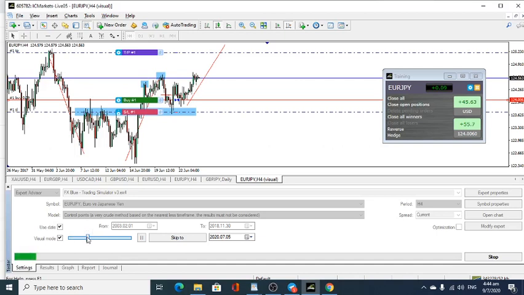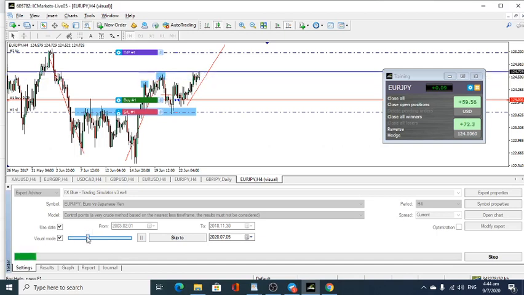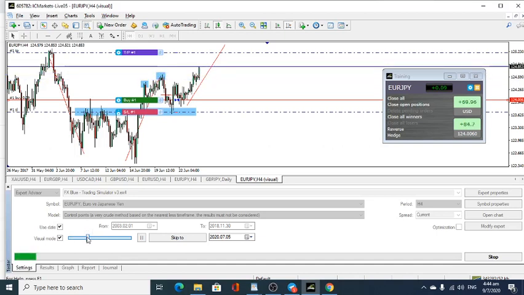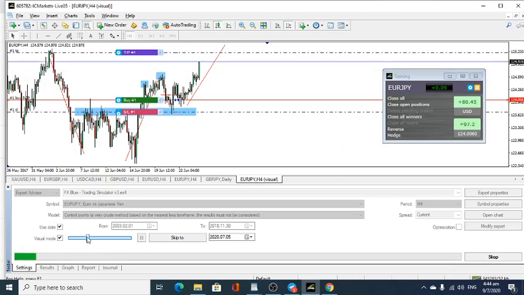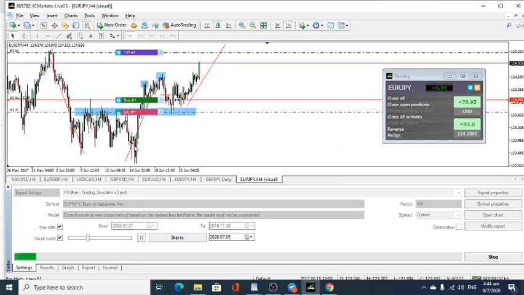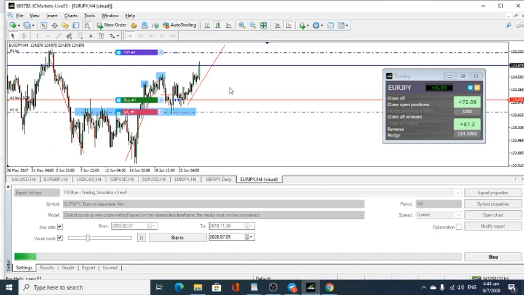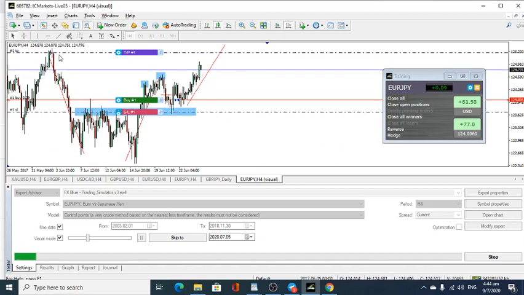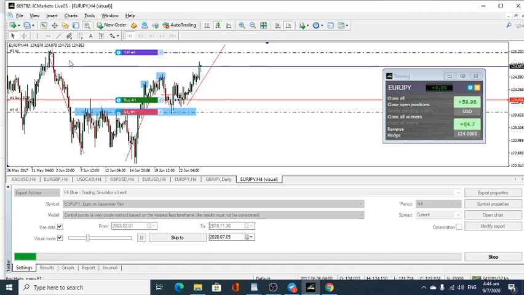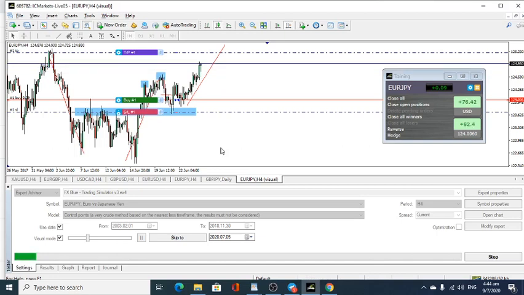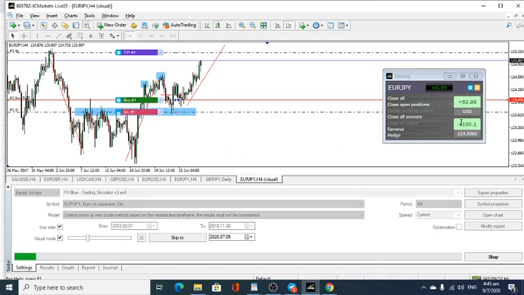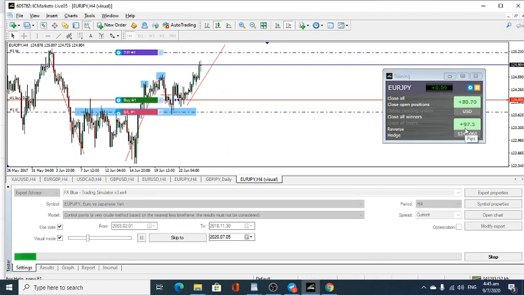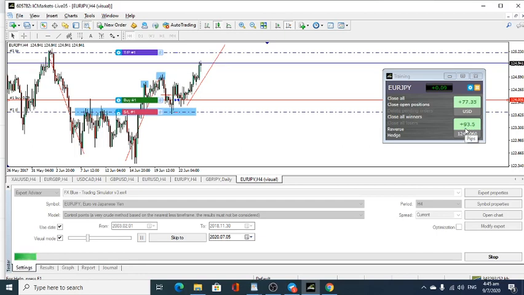To fast forward a bit. Okay, see? Price did go up, right? So now most probably it may hit our next TP, which is take profit here. Still a chance. Now it's at 100 pips, 97, 90 to 100.